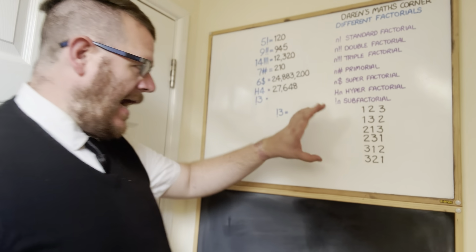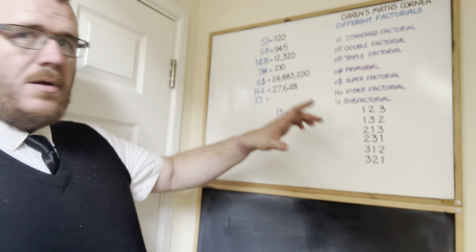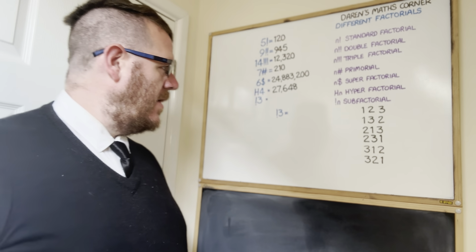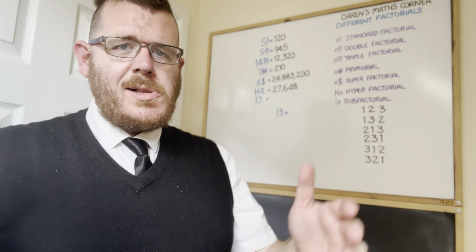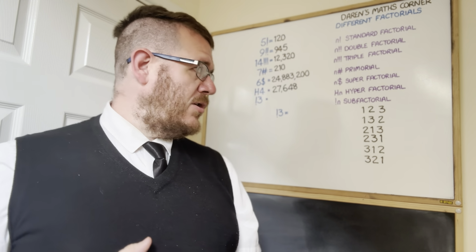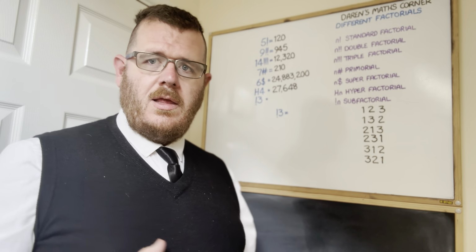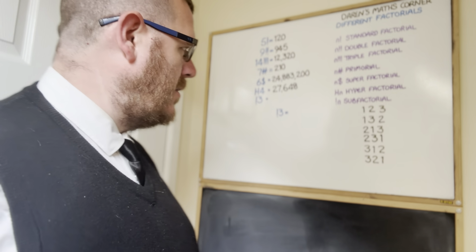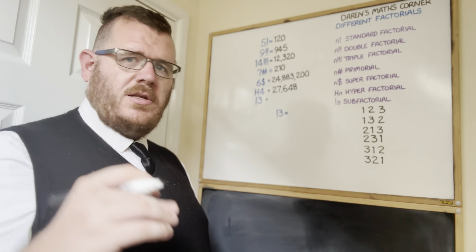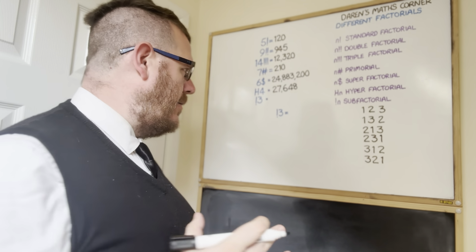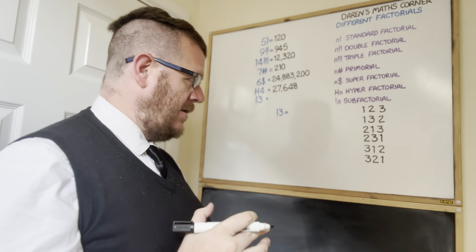So this is how you get the factorial of an answer, because that tells you how many times you can sort items out, how many times you can rearrange items in a list. So what we want to do now is do subfactorials.